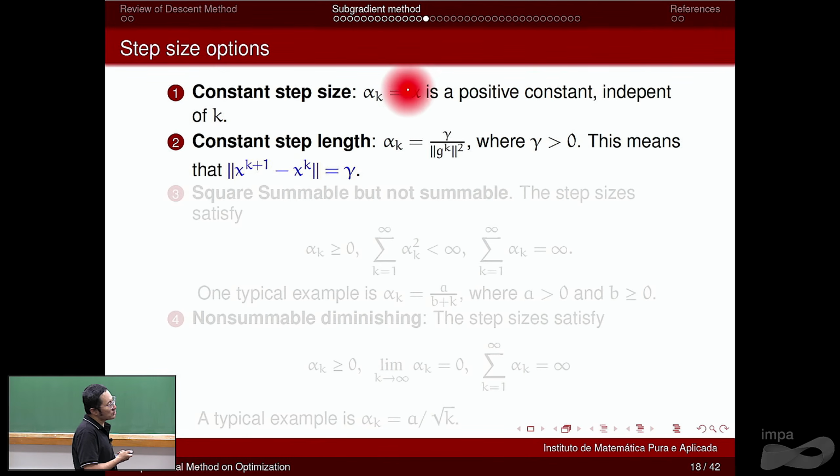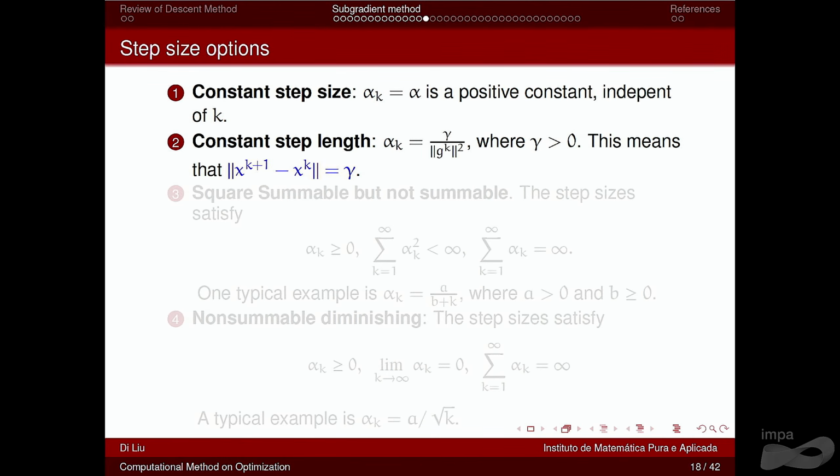Here we do not choose a constant alpha, but we choose a constant gamma, and the step size is gamma over the norm of gk. I'm sorry, here you should have gk, not gk square.